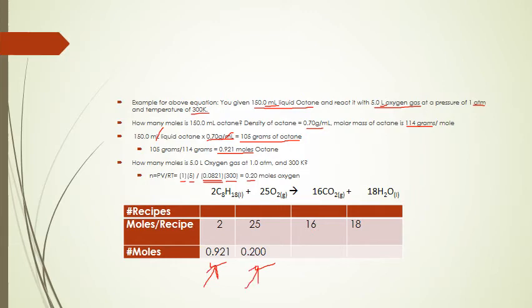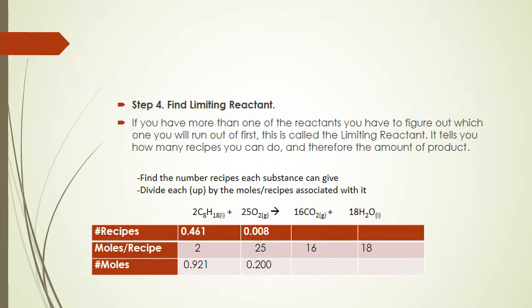Next, since you're given more than one reactant, you have to find out which one is limiting. They might be exactly used up, but usually one is going to be used up before the other. The way to do that is to find out how many recipes each substance will give.